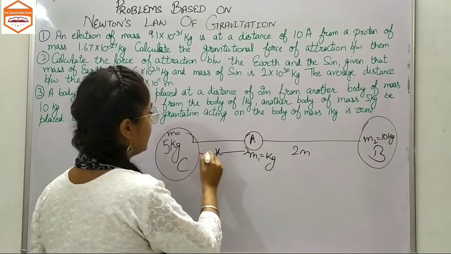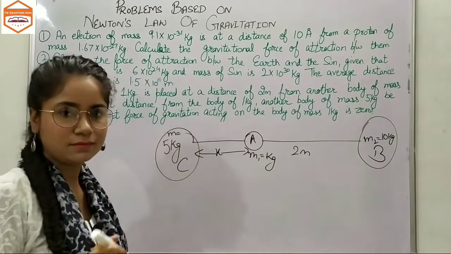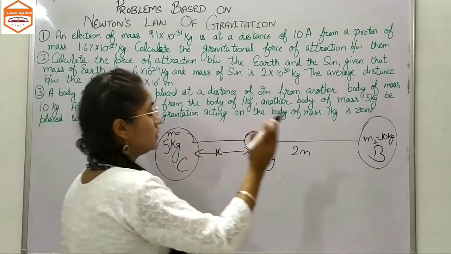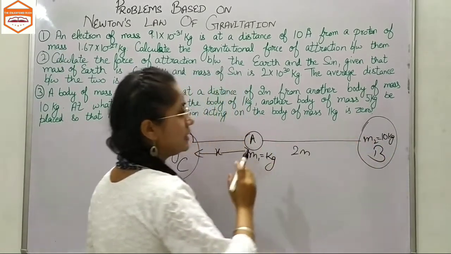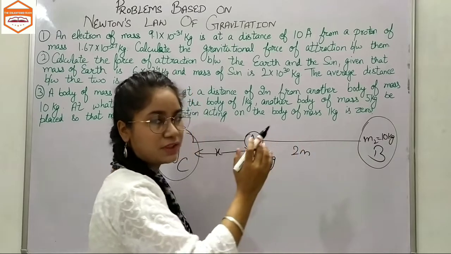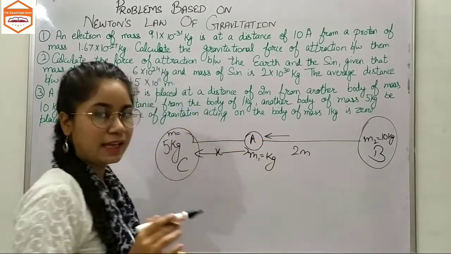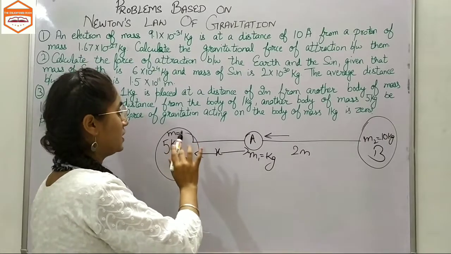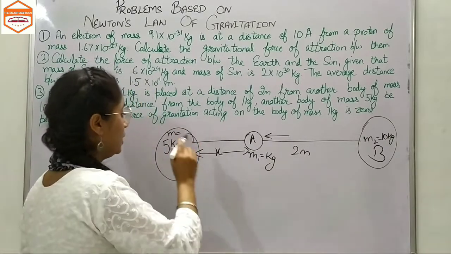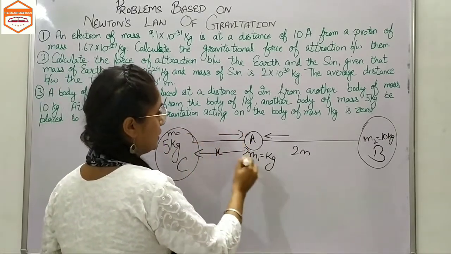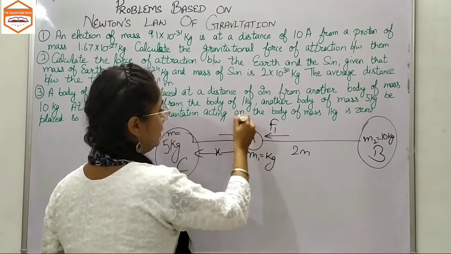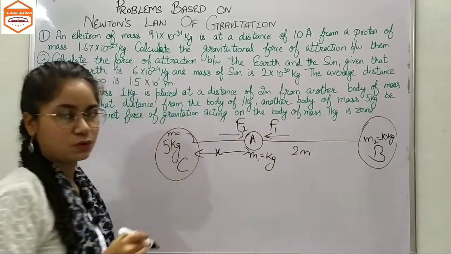Let this distance be x. So we are getting a gravitational force of attraction of B on A, let us name it F1, and a gravitational force of attraction of C on A, let us name it F2.